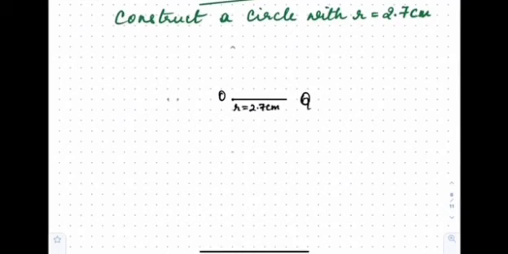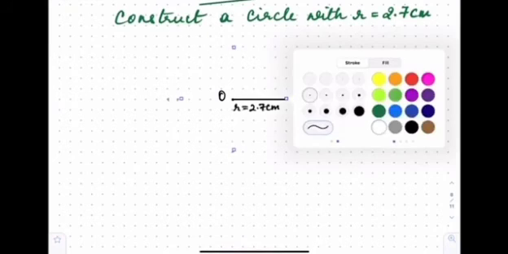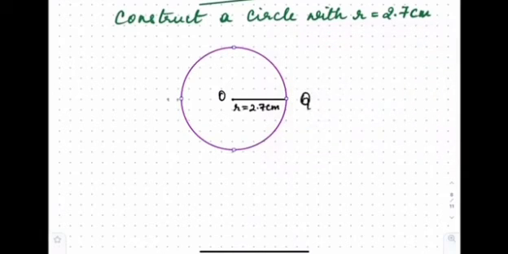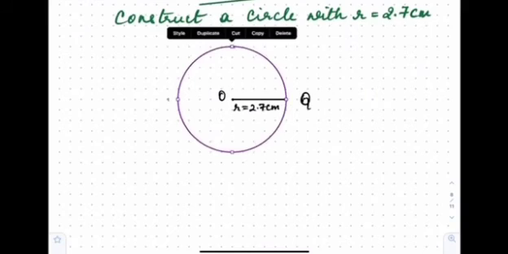Okay children, did you all get it? Now draw a circle without changing the position, keeping the needle at O. Now this is the circle that we have got.